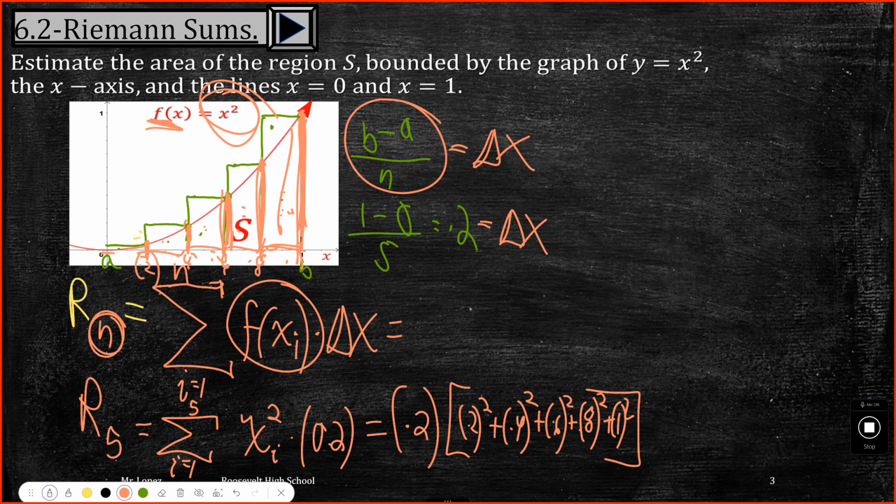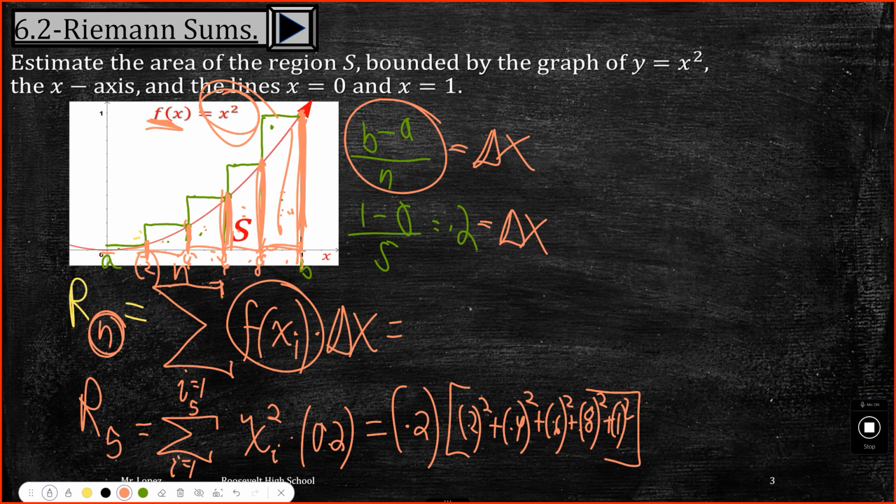Calculate 0.2 times, in parentheses, 0.2 squared plus 0.4 squared plus 0.6 squared plus 0.8 squared plus 1 squared.